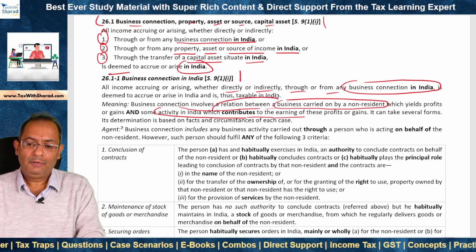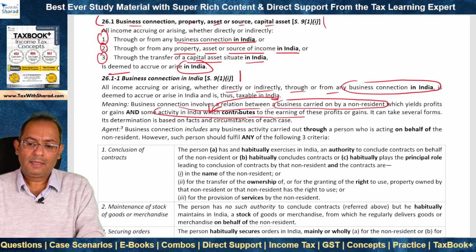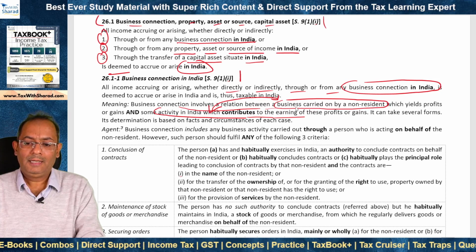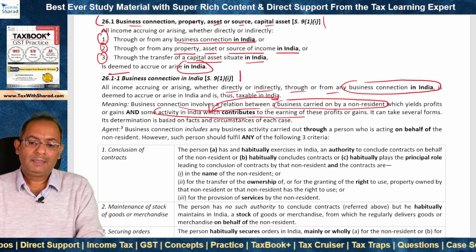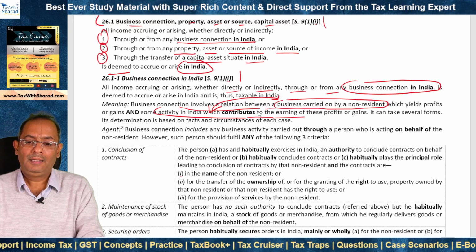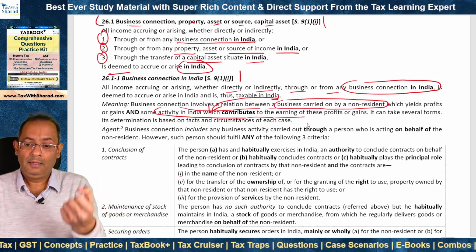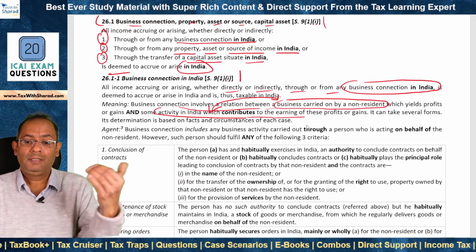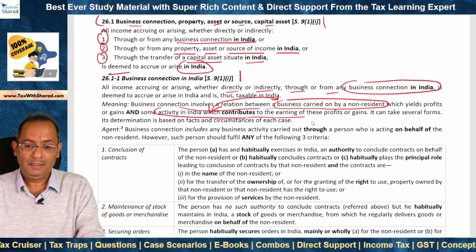And there is a relation between the two. There is a connection between the two. So that means one can say that such non-resident has a business connection. And since that activity is in India, the business connection can be said to be in India. And therefore, the income which arises out of such business connection is then deemed to accrue or arise in India.